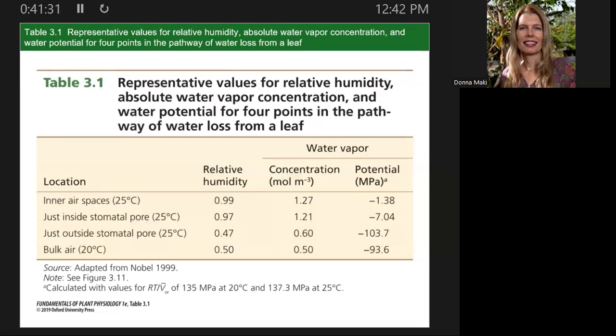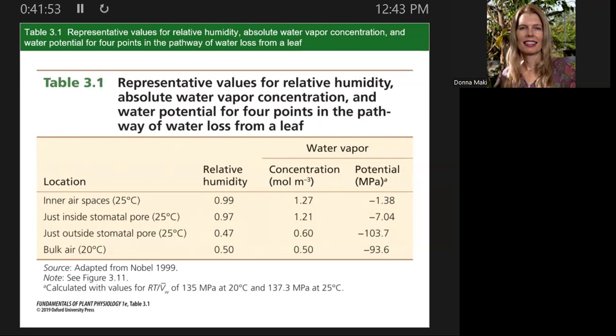So you can measure relative humidity in the leaf. The inner air spaces, you can see it's at 99%. So they just say, let's round up to 100 and call it good. So you can measure relative humidities in the leaf and outside. Water vapor concentration. And then again, on the far column, you can see the water potential.